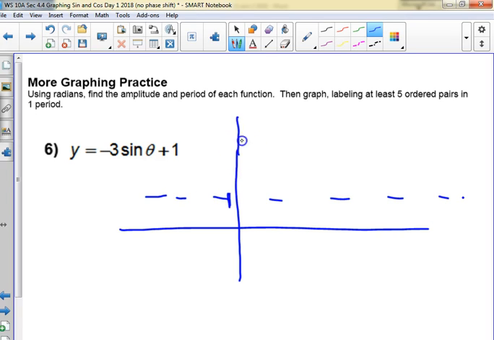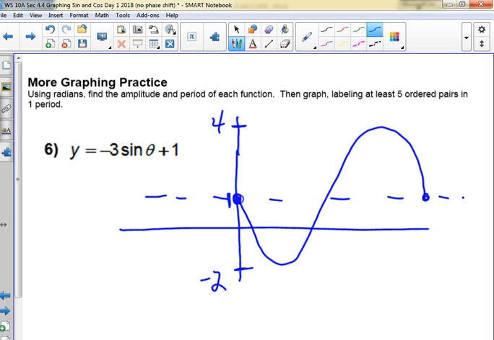So if this is 1, it goes up to 4, and 3 below 1, guys, would be negative 2. And it's a sine which starts at the midline, but it's negative, so it goes down. The period is still 2 pi, so this would be 2 pi. All right?